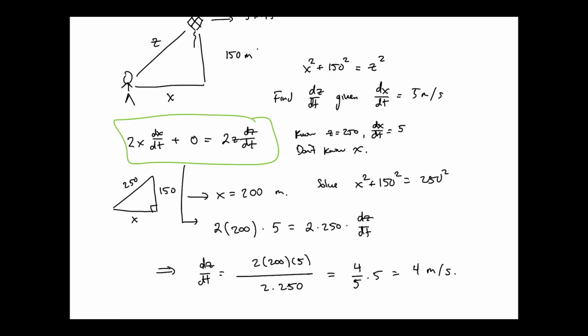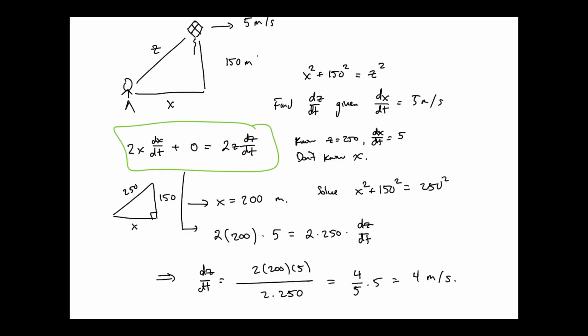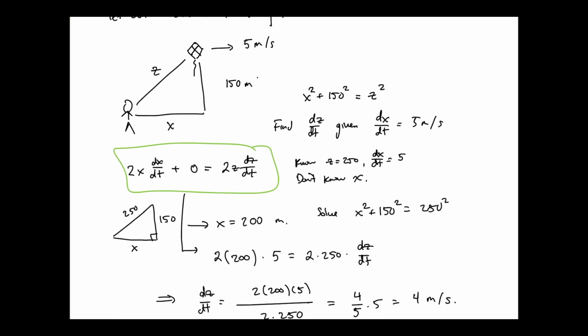Okay, so let's think about the procedure here. What's basically the very first thing you want to do for almost any one of these problems? Draw a freaking picture. It doesn't have to be a great picture, but it needs to be some sort of schematic that helps you relate all the variables together.